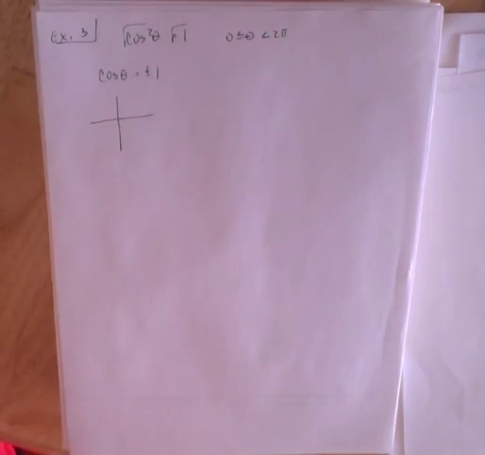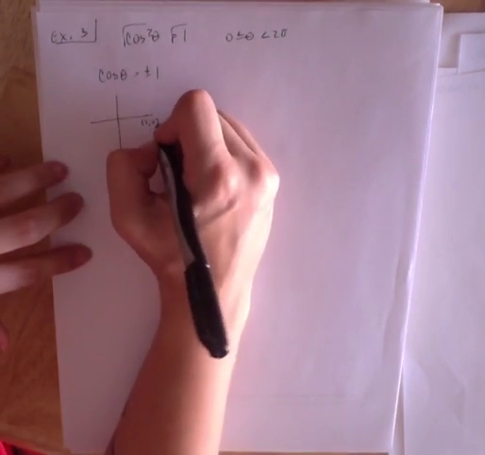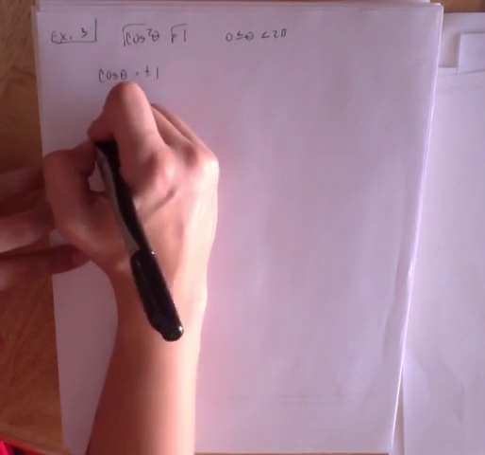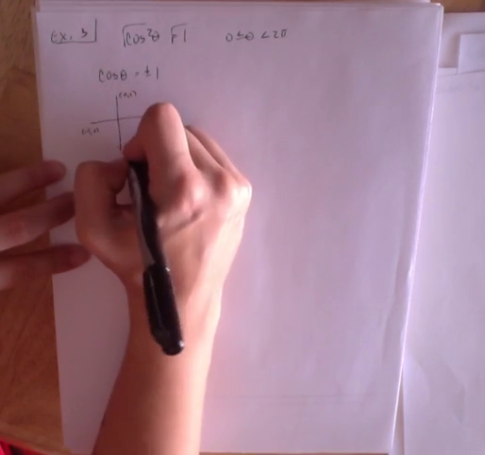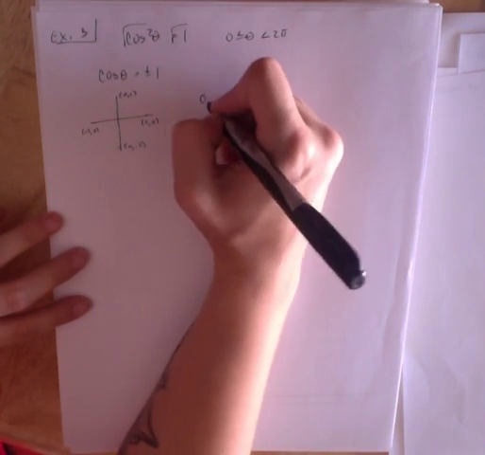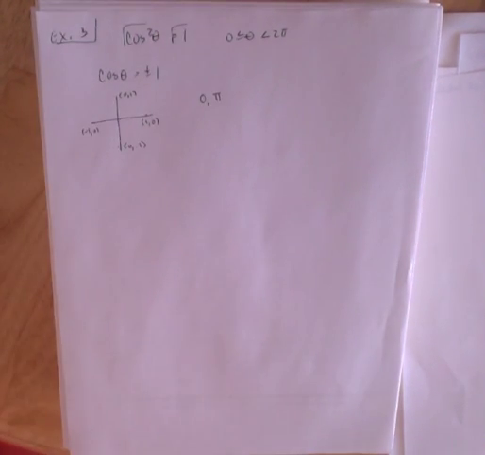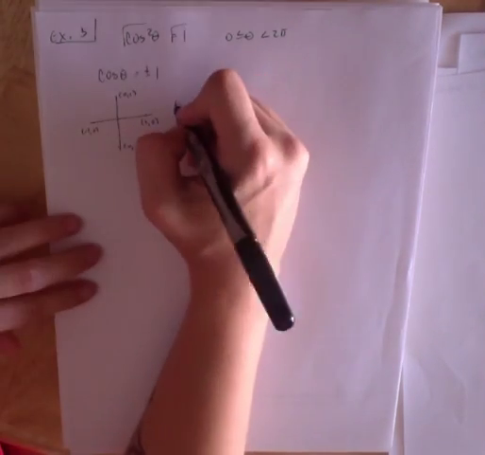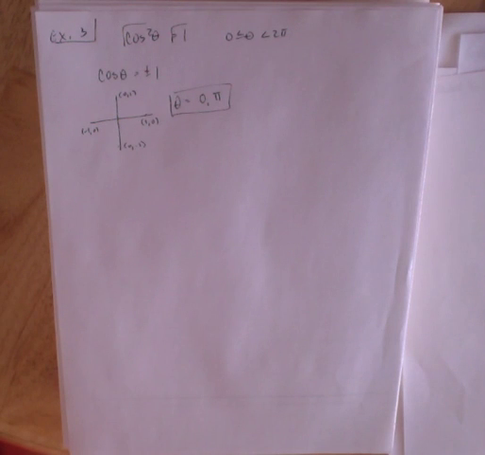So we know this is 1, 0, 0, 1, negative 1, 0, 0, negative 1. So we know at 0 and pi, cosine is positive 1 at 0 and negative 1 at pi. Remember, if your parameters are in radians, you need to be in radians also.